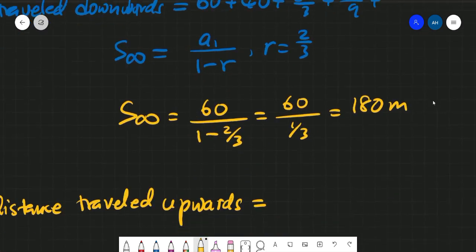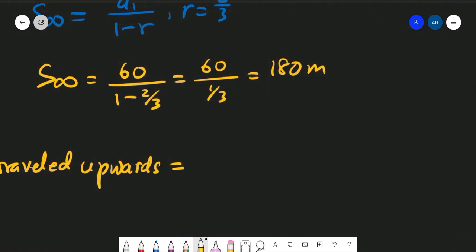So we start with 40. All right. So we have 40 plus 80 over 3 plus 160 over 9, and so on and so forth, goes to infinity also. So we notice that this is an infinite geometric series.